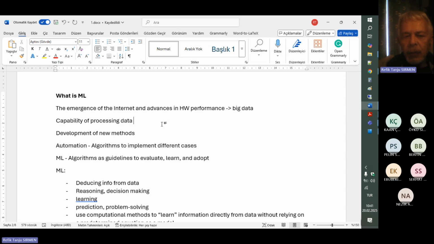But later on, by the emergence of the internet in the 90s, and when the internet became common and in use all around the world, data started to be accumulated, okay? And also, there was a huge amount of data getting accumulated.